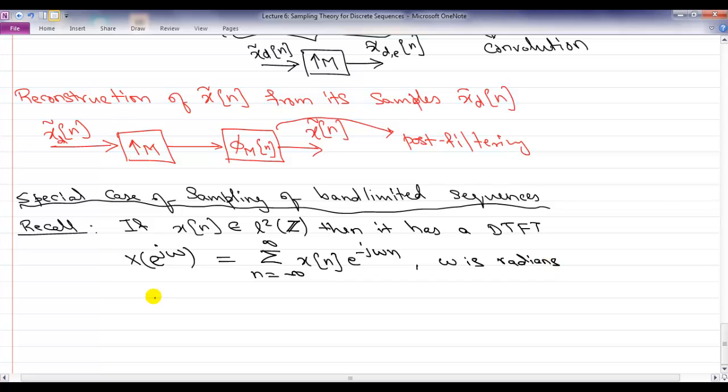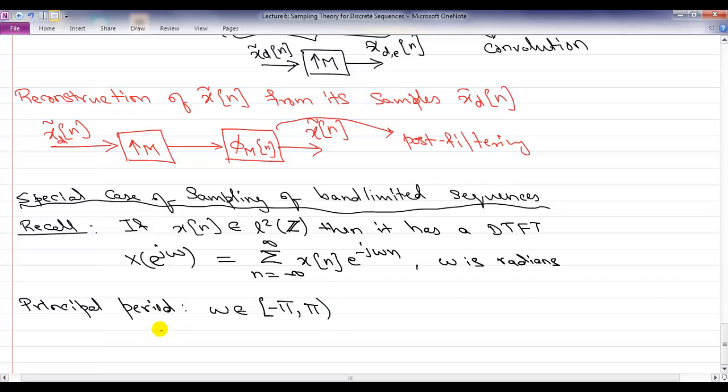And of course, I'm confident that you all remember the discrete time Fourier transform is periodic with a period of 2 pi. For most of our discussion, we'll be working with the principal period of minus pi to pi. Omega will belong to minus pi to pi.